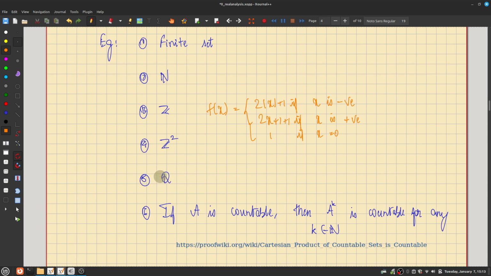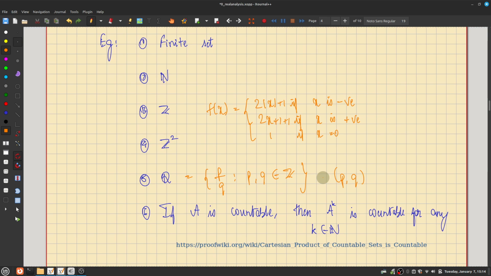Exactly. So every rational number can essentially be written in the form p by q, where p and q are integers. So effectively, there is a bijective mapping from Z squared to Q, or Q to Z squared. Every element written as p by q can be represented as a pair p comma q.